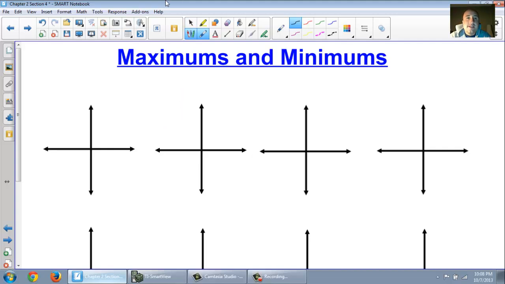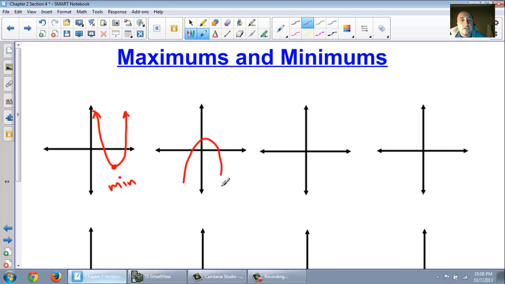Different types of graphs have either maximums or minimums. If we are looking at a parabola like this, this particular point down here is called a minimum because it's the lowest point on your graph.